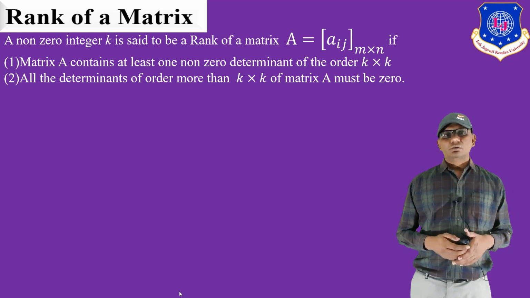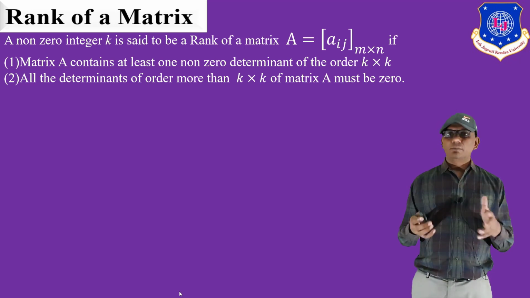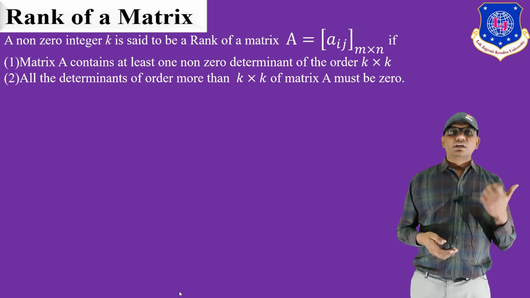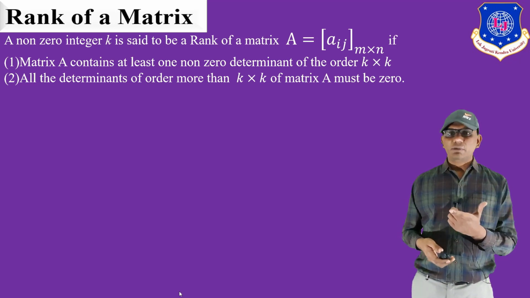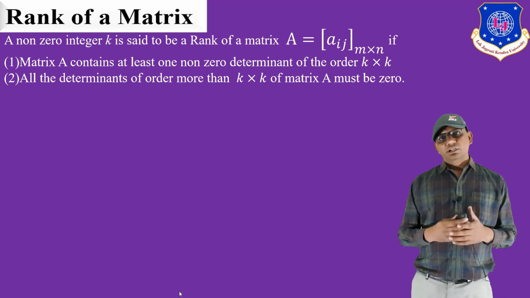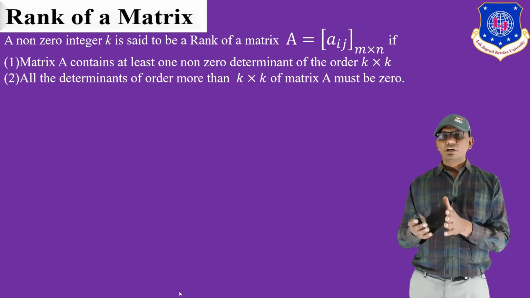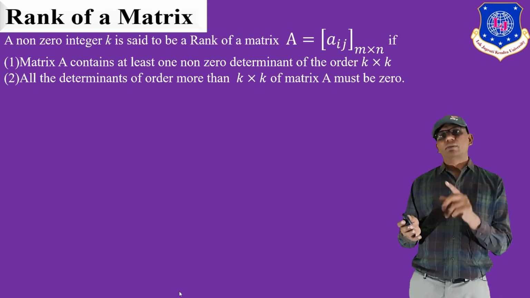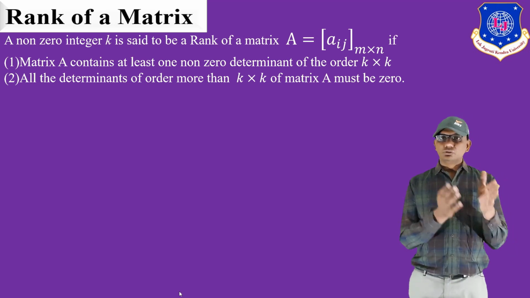A non-zero integer k is said to be the rank of a matrix A of order m cross n if A contains at least one non-zero determinant of order k cross k. Here the determinant is always in square form, so it should be of order k cross k if our matrix rank is k, and its value is non-zero.